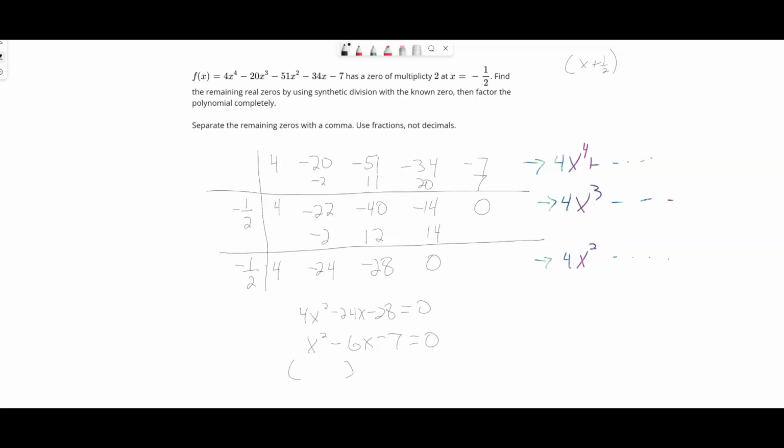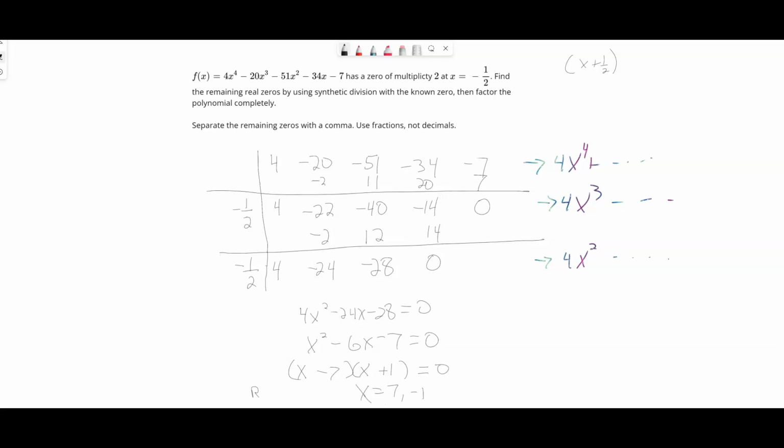And this actually factors, although we have the quadratic formula to work out the difficult zeros, complex zeros, irrational zeros, whatever we have. This one ended up pretty nice. X equals 7 and negative 1. Okay, so for the instructions, find the remaining real zeros.